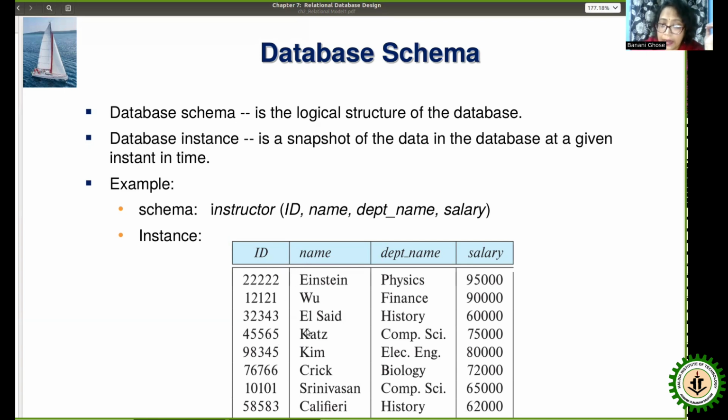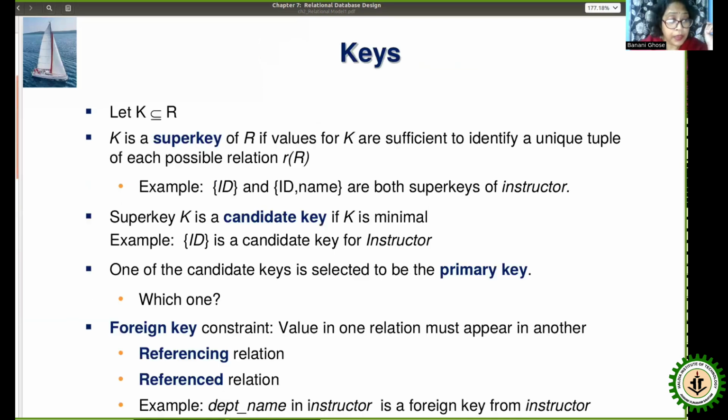It is the ID and the name is Katz. So together they are creating a new combination of uniqueness. So 45565 Katz is the unique combination through which you can identify one and only one tuple from among this group of tuples. So this is going to be ID and ID comma name together. They both are super keys.